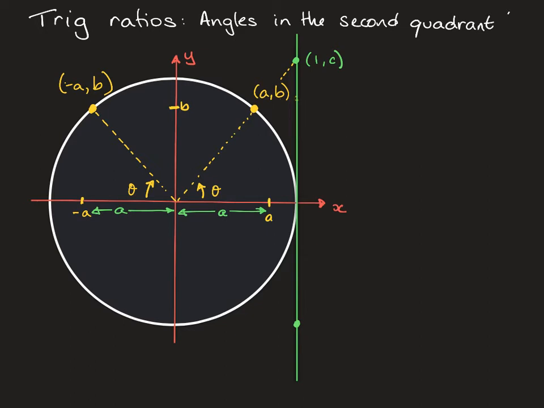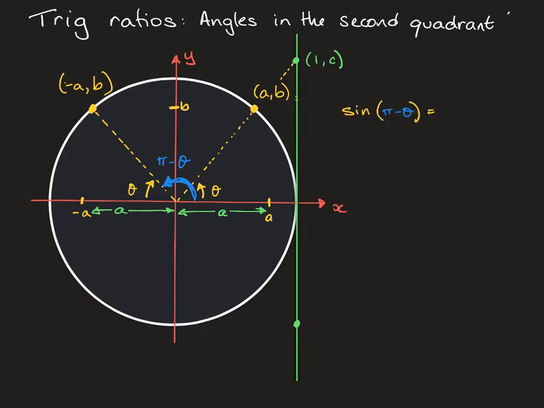So we can write the relationship between the two angles that we've got here. The angle in the first quadrant, which is theta, and the angle in the second quadrant that we also measure from that positive x-axis side, that blue angle, is in fact pi minus theta. So let's look at the relationships that we've discovered.